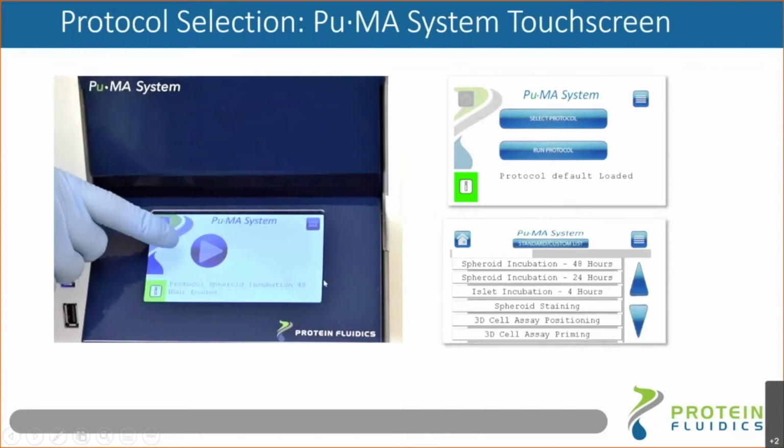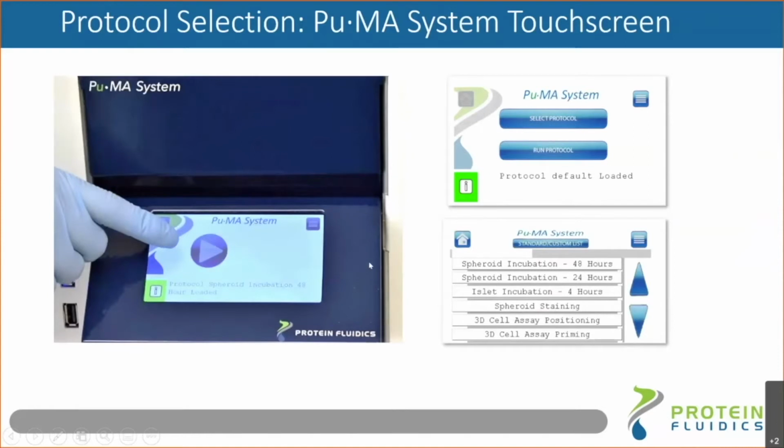I mentioned the protocols. These are preloaded protocols. They determine the assay steps that you're going to run. You simply select the protocol you want with the incubation time that's predetermined, and then press play. And so then that runs the assay, and there's a touchscreen driven interface here, which will give you information on time remaining, where the system is in the process, and when the system is ready for you to unload your plate.